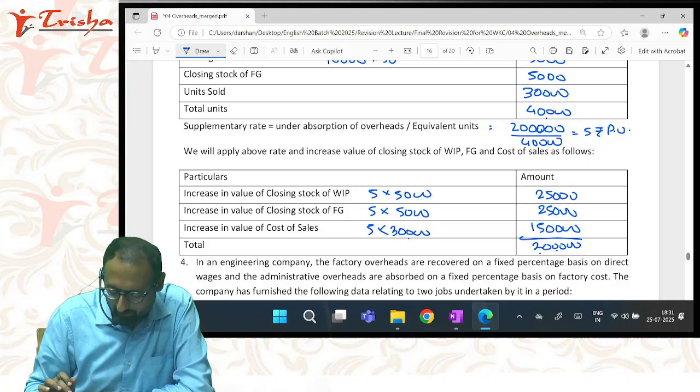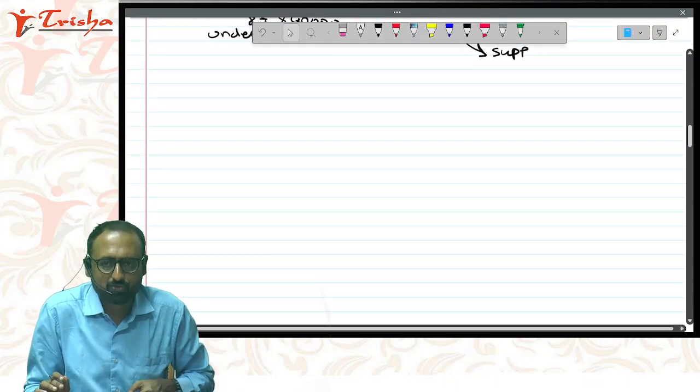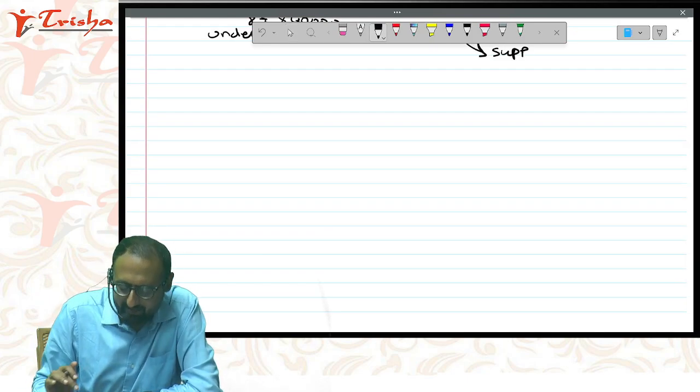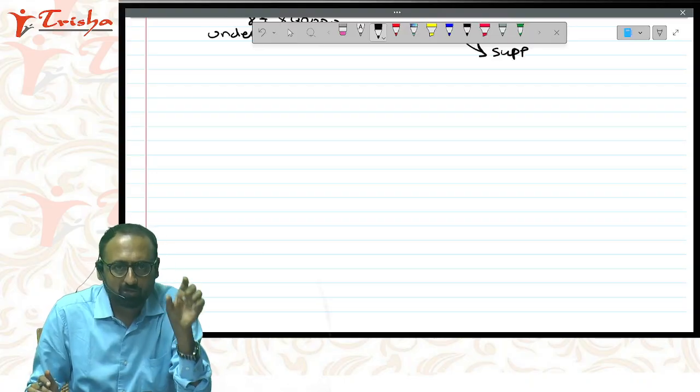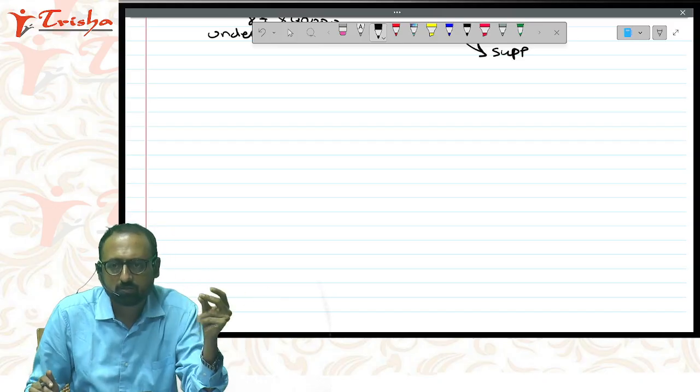Next important part. I will take variety also regarding under absorption, over absorption. So the supplementary rate, first adjustment is over: total under absorption or over absorption divided by equivalent units.